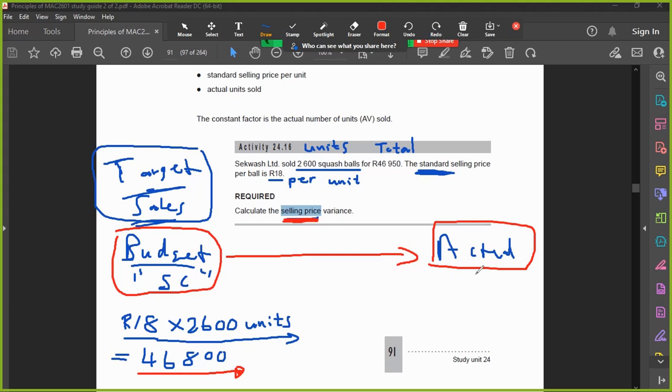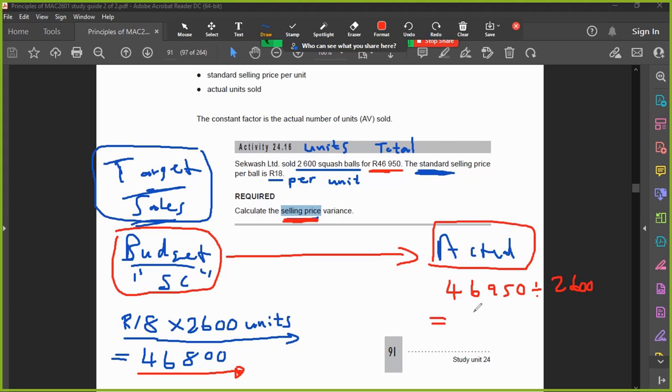So now I need to consider, if I'm selling a certain amount of balls and I've made a certain profit, I need to know how much those balls actually sold for. So how do I work out that? Taking the 46,950 divided by 26, gives you how much you actually sold each ball for.